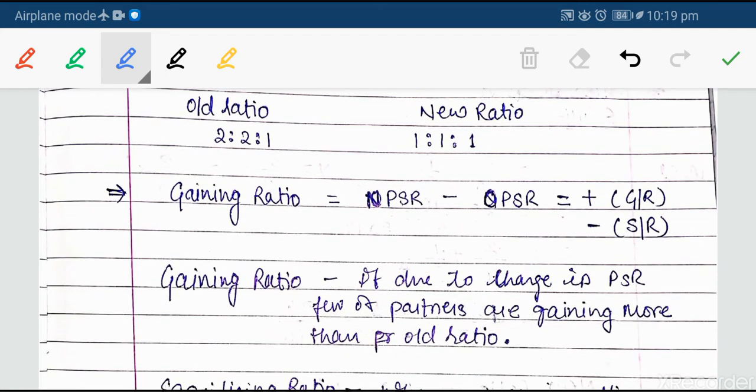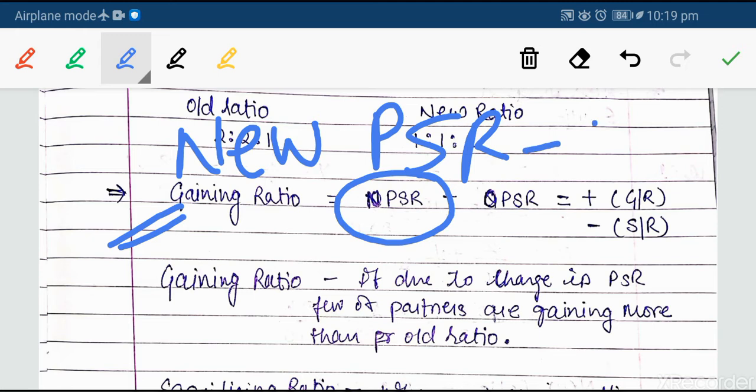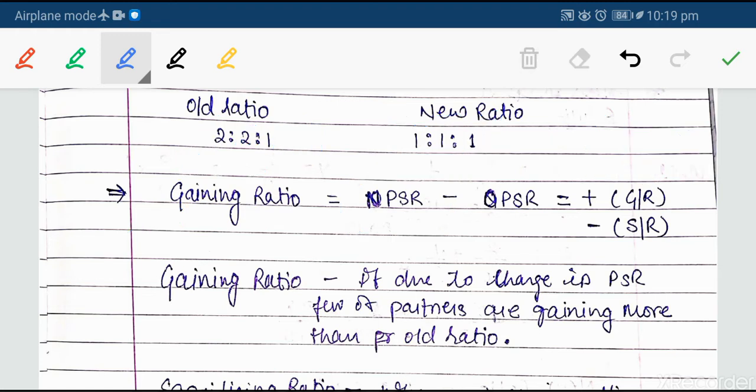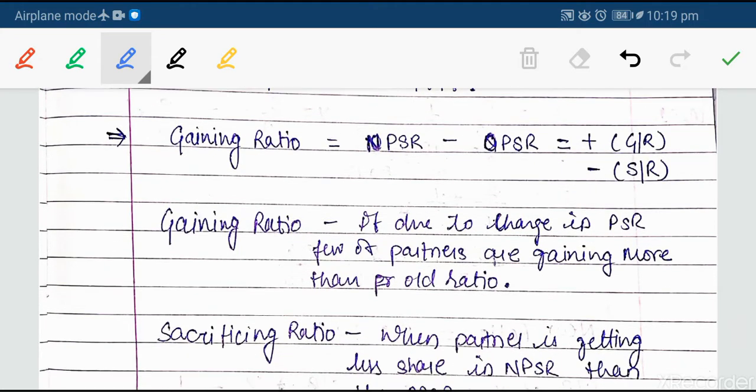We can find the gaining ratio using a formula. There are two formulas. Either you can use NPSR, that is new profit sharing ratio, minus old profit sharing ratio. The new profit sharing ratio is 1/3, which we got from here.